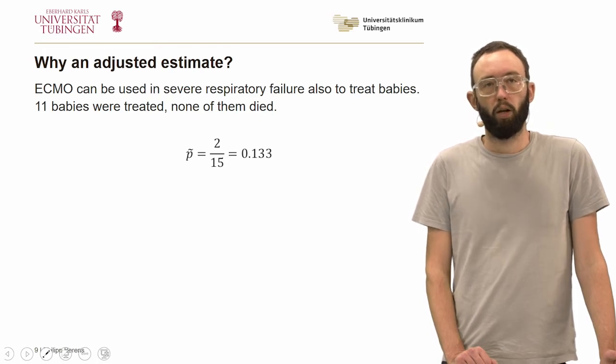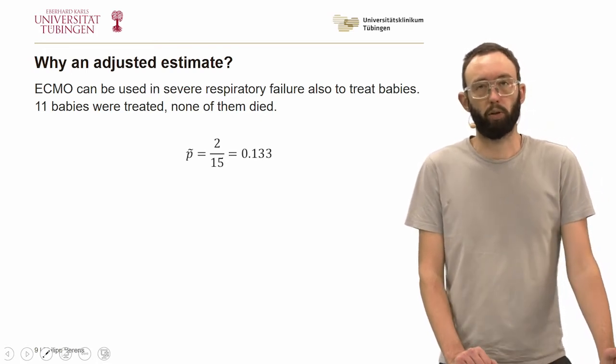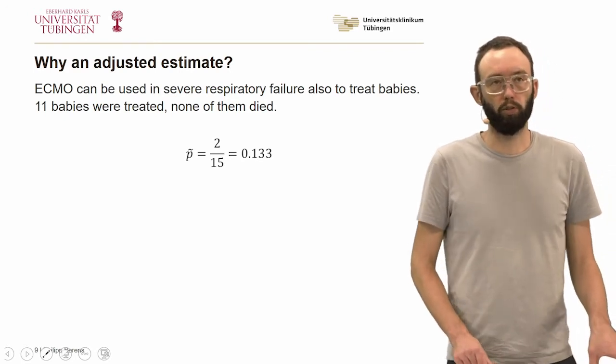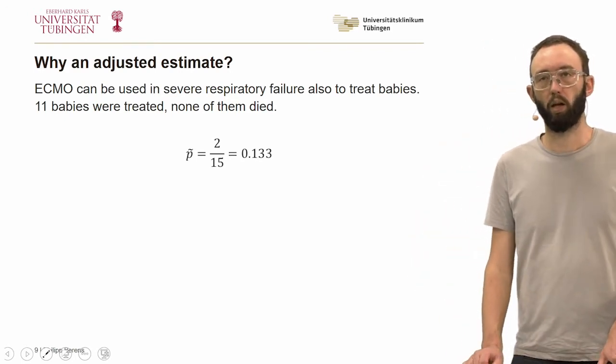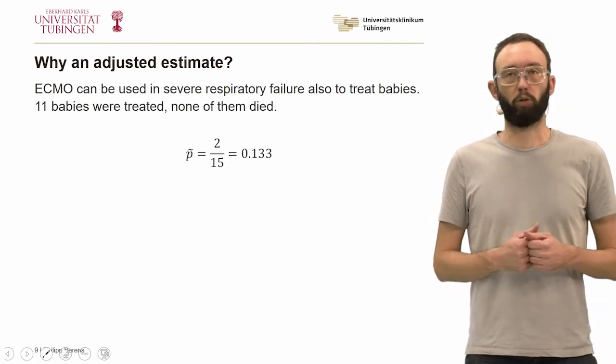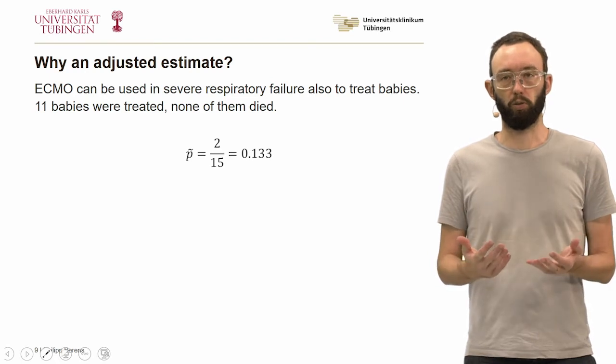So if you were to compute the naive estimate of the sample proportion, you would say, well, 0 over 11, that's 0. If you do that, your 95% confidence interval is also 0.